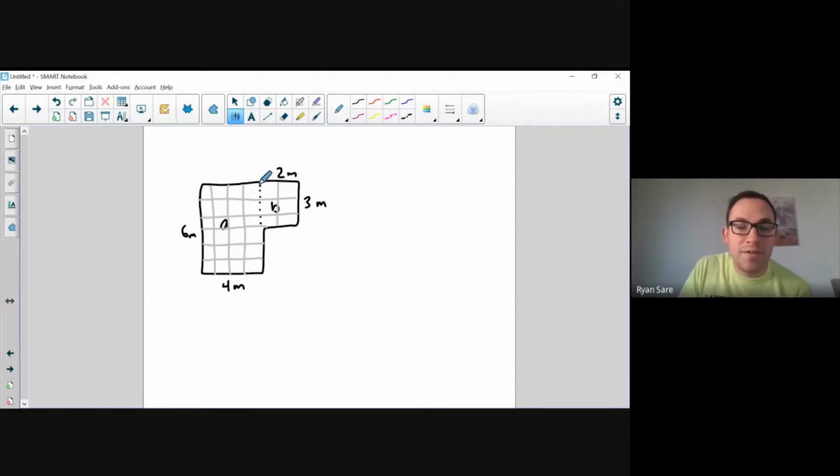And we learned that a faster way of doing it would be to multiply. Instead of counting 1, 2, 3, 4, 5, 6, 7, 8, 9, 10, 11, 12, we could just say, well, let's find the area of this square by multiplying. And that's 6 times 4, these are meters. And then we're going to add that to 2 meters times 3 meters.